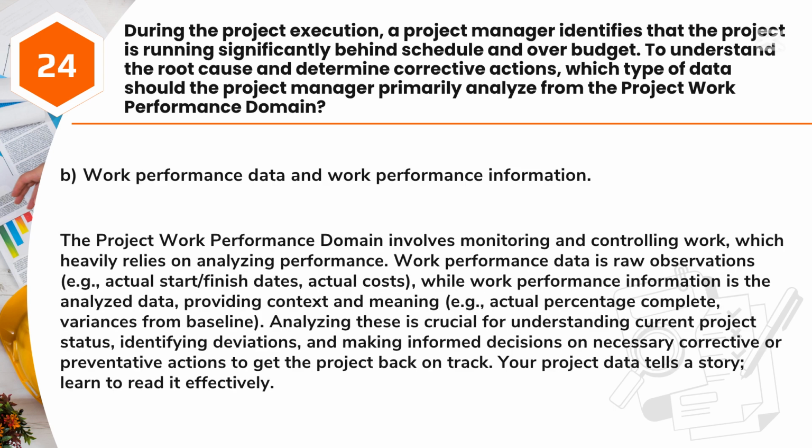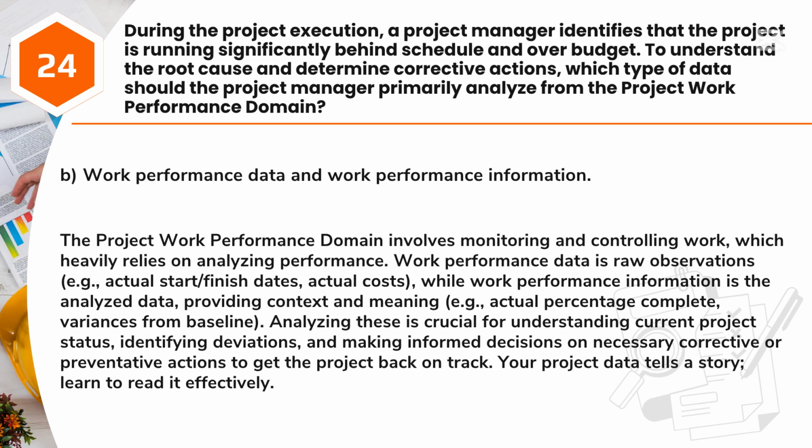Answer: B. Work performance data and work performance information. The project work performance domain involves monitoring and controlling work, which heavily relies on analyzing performance. Work performance data is raw observations, e.g., actual start/finish dates, actual costs, while work performance information is the analyzed data, providing context and meaning, e.g., actual percentage complete, variances from baseline.